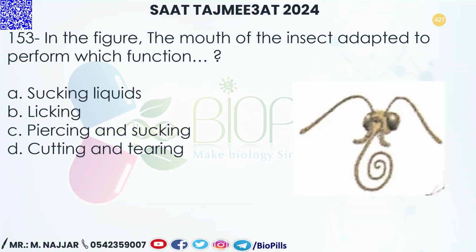Bivalve, such as the oyster, the clam, and the mussels. And gastropoda, such as snails and slugs. Question: in this figure, the mouth of the insects is adapted to perform which function? Piercing and sucking.